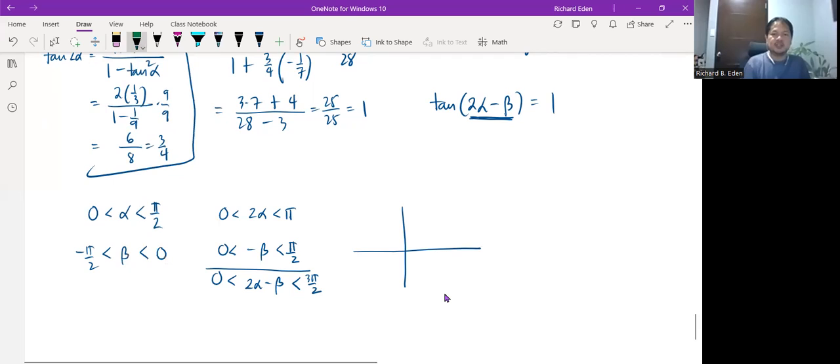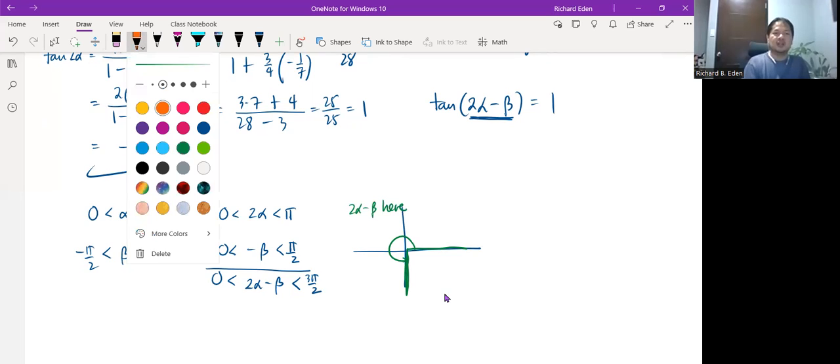So that's going to be the span that you see here for 2 alpha minus beta.